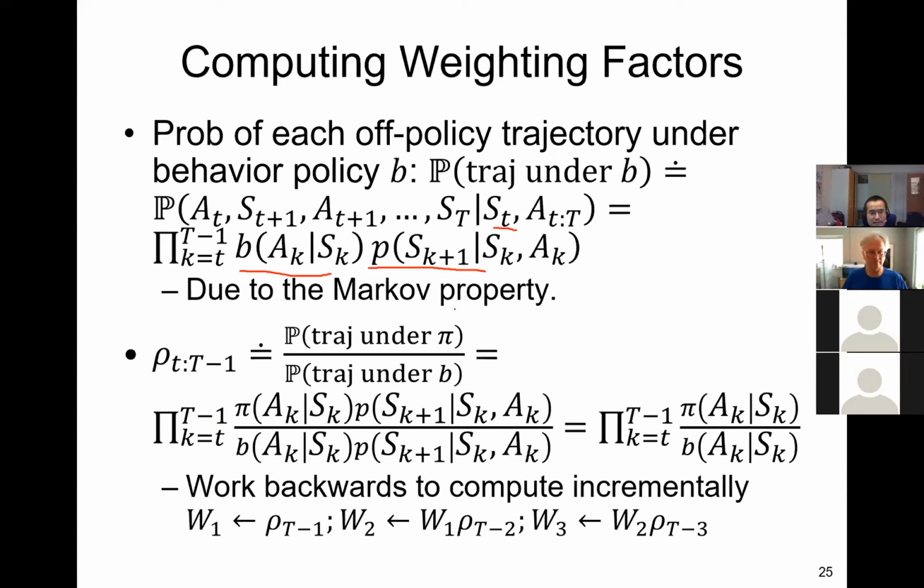The rho term we saw before is the probability of the trajectory under pi, the target policy, over the trajectory under B, the behavior policy, whose only difference is pi here and B here. And the transition terms cancel out, so we have this term. We can work backwards to compute it more efficiently.